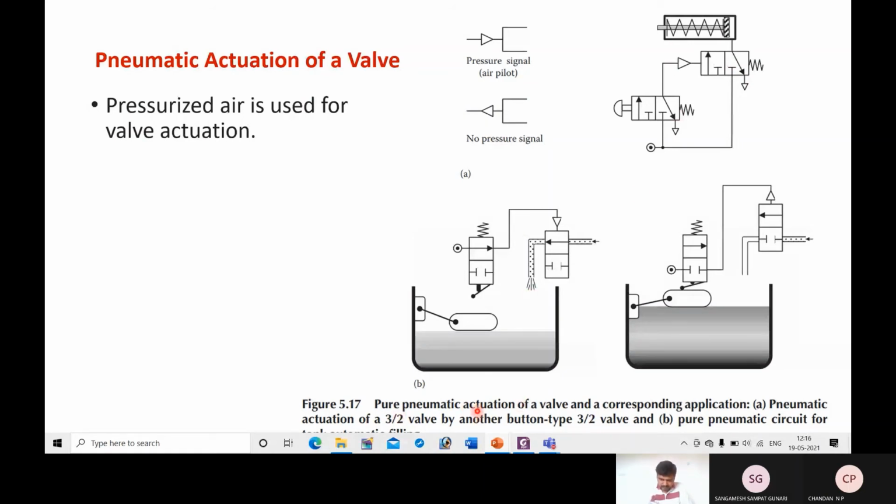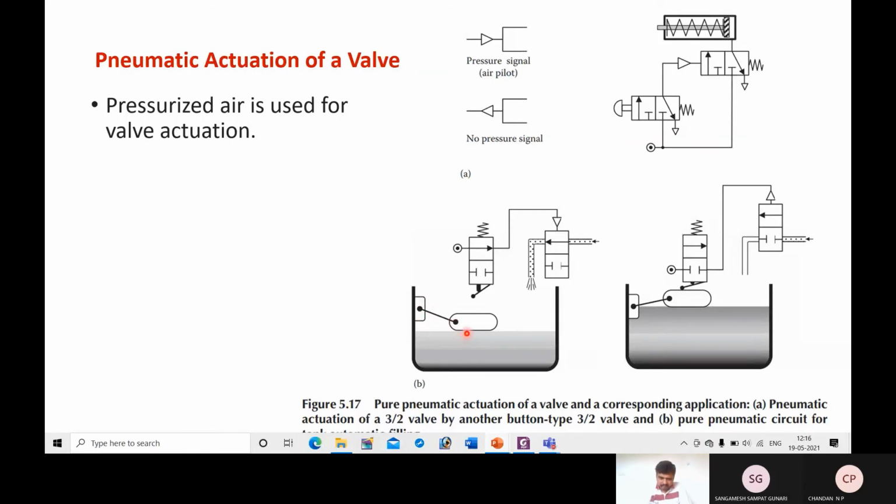Here you can use this to automatically close the valve when a tank is filled. Now, if the tank is below the required level, it will be like this. There will be a mechanical arrangement.